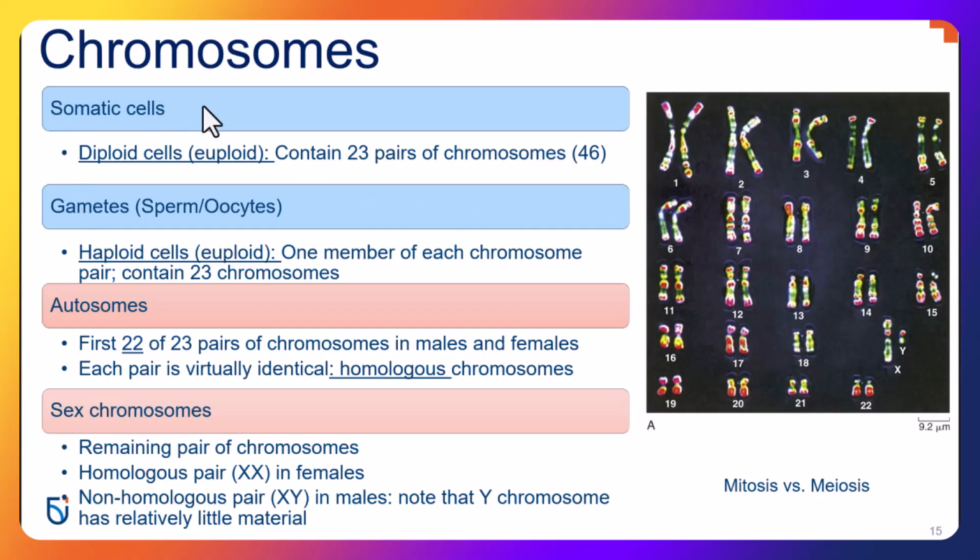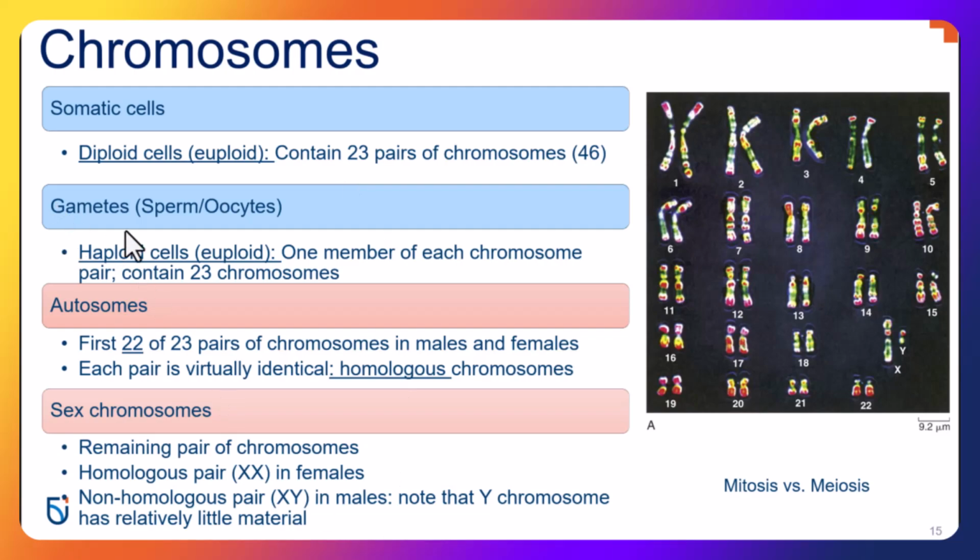In somatic cells, these are the body cells, they're diploid, meaning there are 23 pairs of chromosomes, which would total 46. These pairs are considered euploid, which means they have the correct number of chromosomes present.